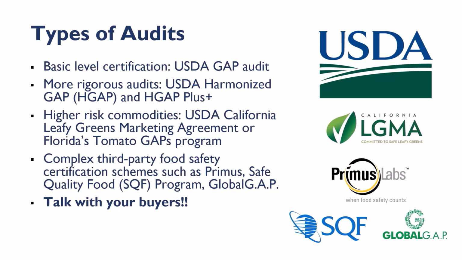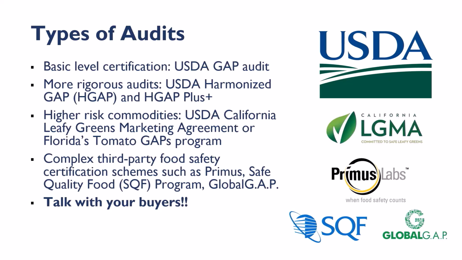Further, some commodities like leafy greens or tomatoes are seen as higher risk crops and have specific food safety programs to address those needs. Examples include the California Leafy Greens Marketing Agreement or Florida's Tomato GAPS program. In other cases, especially for large domestic or export markets, some buyers require complex third-party food safety certification schemes, such as Primus, Safe Quality Food or SQF program, or Global GAP.